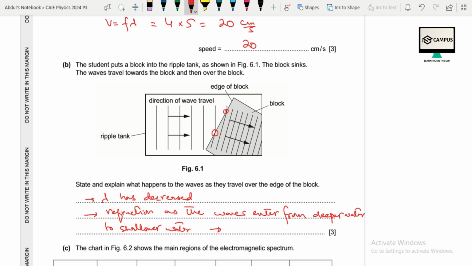Also, we see that the direction of the wavefront changes. You see, initially it was in this direction, then the direction is skewed a bit.